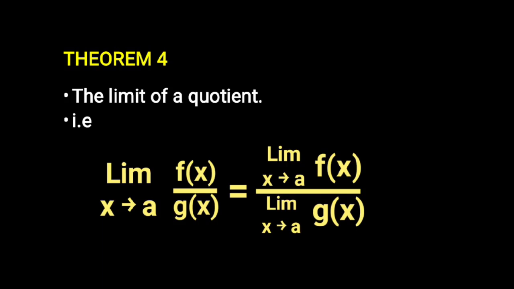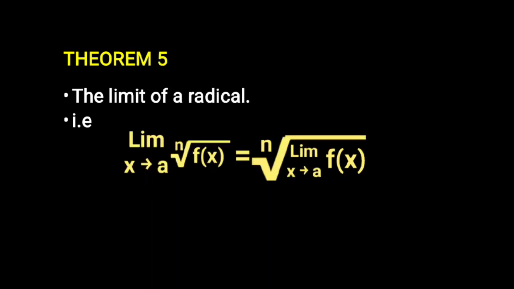This means that the limit of a quotient will form a quotient limit of individual functions. Now, the last theorem is the theorem of a radical. That is, limit of nth root of f of x when x approaches a will be equal to nth root of limit f of x when x approaches a.